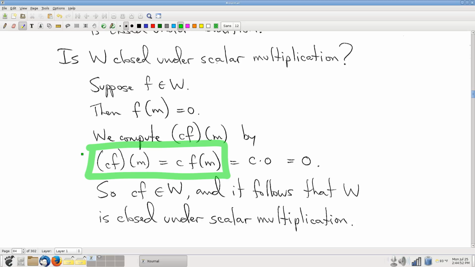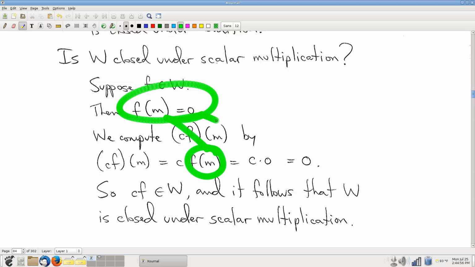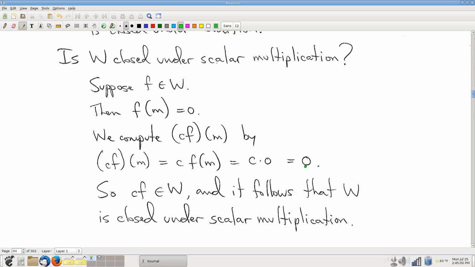And this is how you evaluate it. Conveniently, F of M is already known to be 0. C times 0, of course, is 0, and therefore, as required, CF has this same property, that it's 0 at the midpoint, and therefore CF is in W, and therefore the set is closed under scalar multiplication.